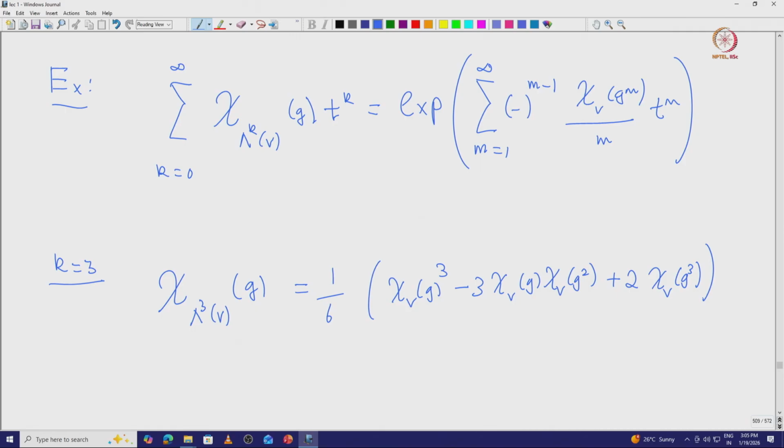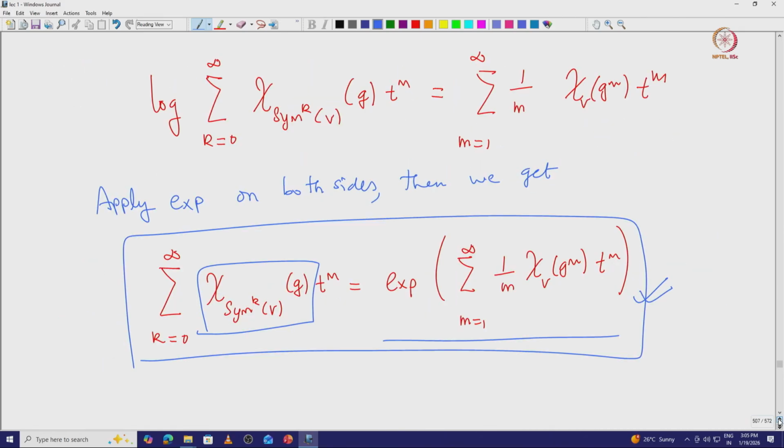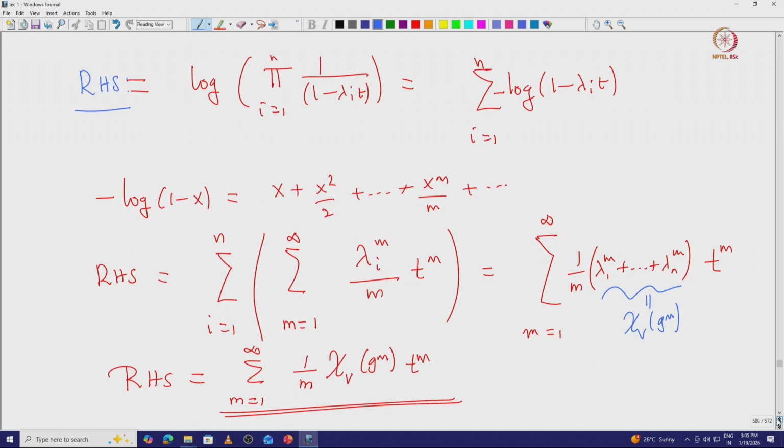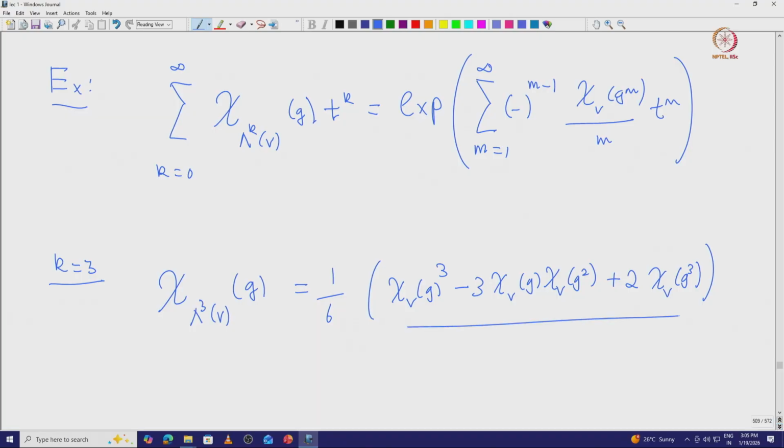So, it exactly looks like what we had for the symmetric power, but with some alternating sign.